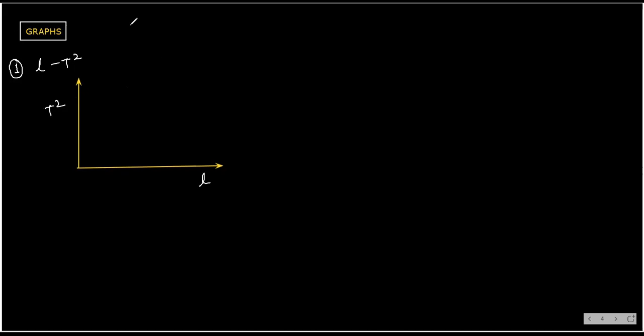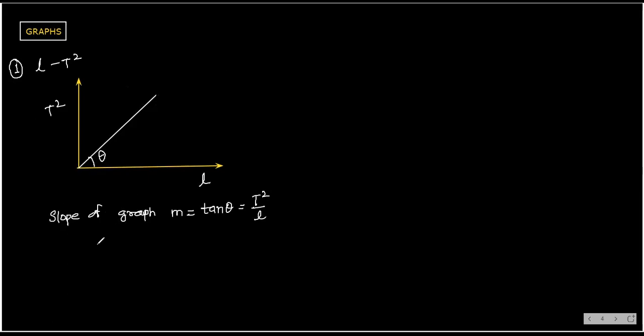So when I am plotting this graph, the nature of the graph is a straight line passing through the origin, and this is your theta. If we take the slope of the graph, that is m is equal to tan theta, which is equal to T square by L. Yes or not? This is the slope.